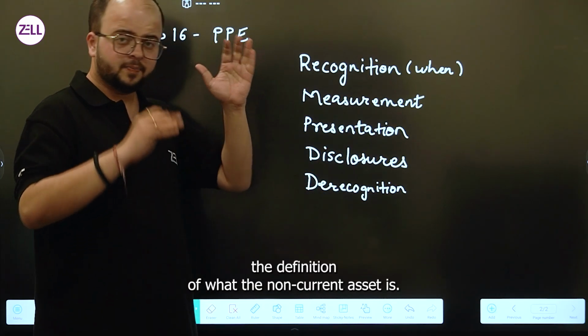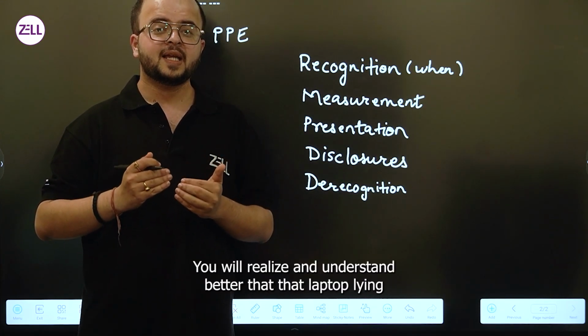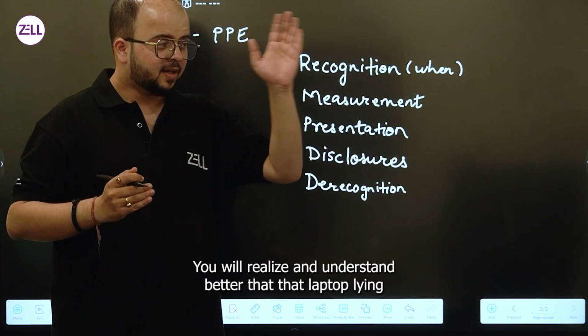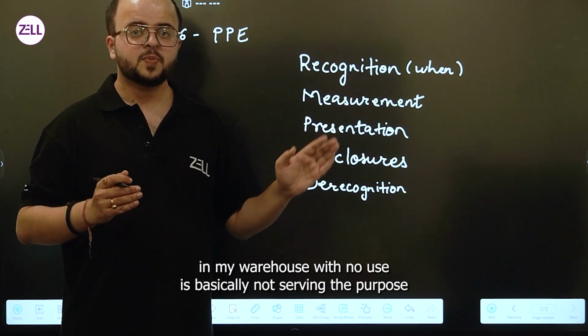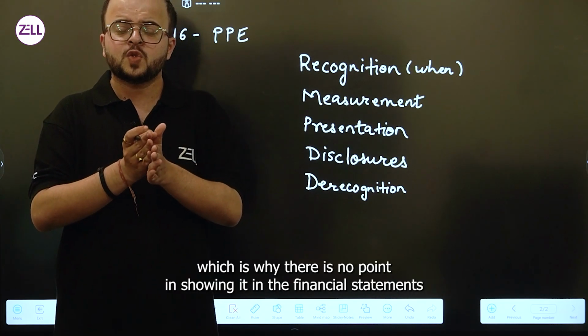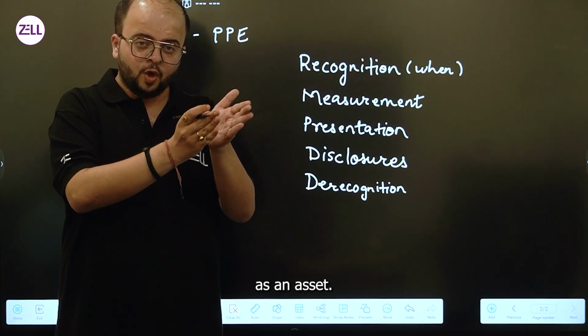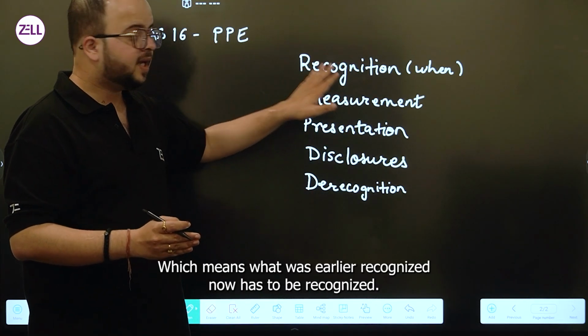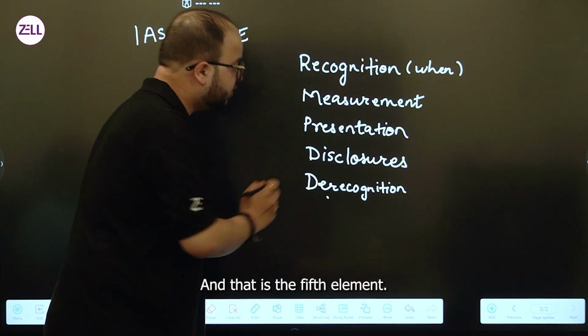When you learn the definition of what a non-current asset is, you will realize and understand better that that laptop lying in my warehouse with no use is basically not serving the purpose that an asset should serve, which is why there is no point in showing it in the financial statements as an asset, which means what was earlier recognized now has to be derecognized. And that is the fifth element.